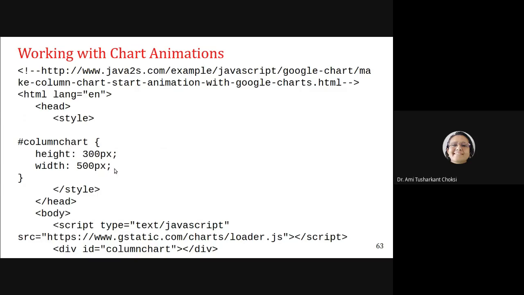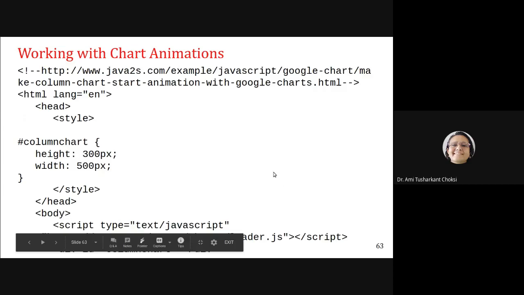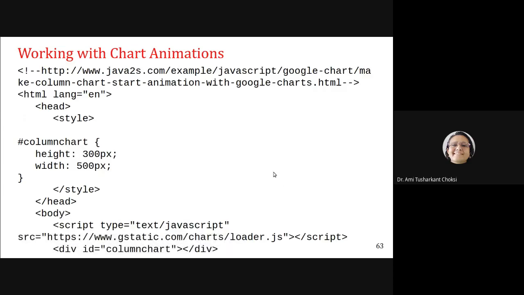Now, we are loading the Google Chart API using text/javascript, https://www.gstatic.com/charts/loader.js, right? The div id is columnchart. So wherever we are using getElementById, there also we will be specifying the columnchart.